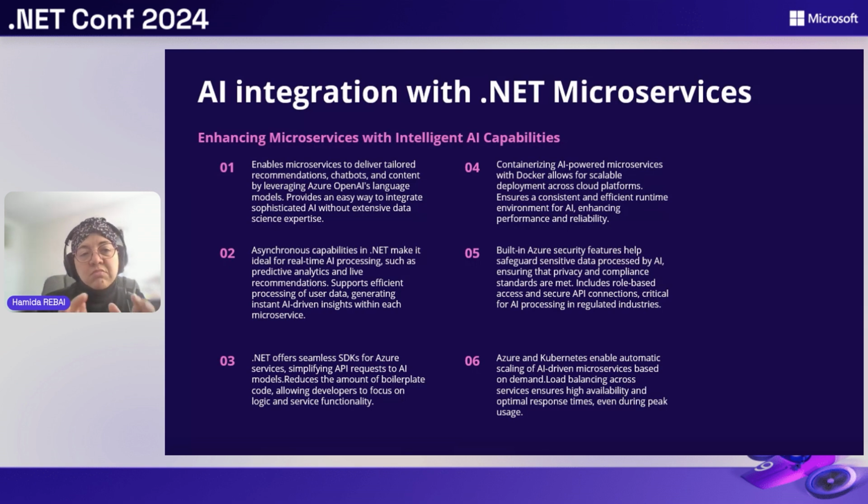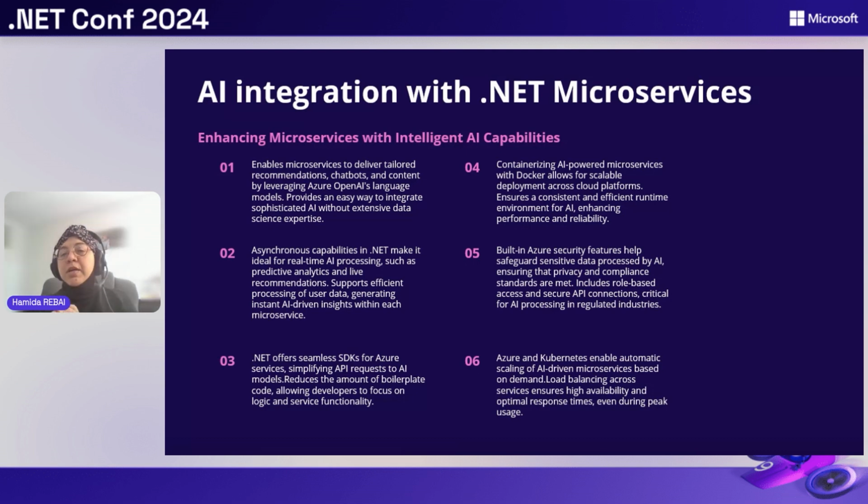So we focus on a simple real-world use case: personalized products. Microservices allow for independently scalable modules, while AI enables smarter, personalized functionality. We will use Azure OpenAI to enhance our recommendation engine. In our case, e-commerce, we are selling some products, and I would like to have a recommendation engine here.